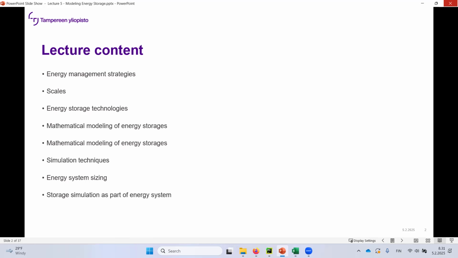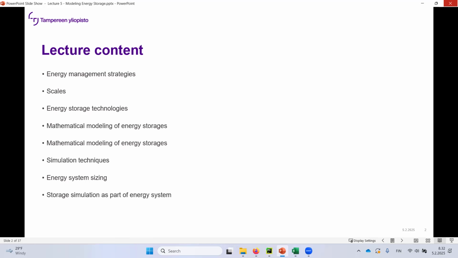So mostly we're talking about large scale energy storages in here. We're not going to cover too much the household level. Battery energy storages can be applied really well to this household level or even a micro level, but mostly it's going to be on a larger scale.